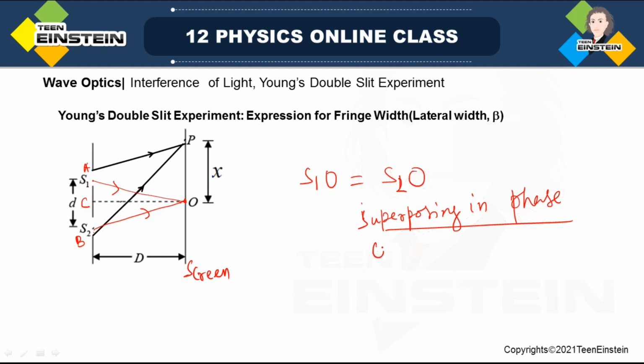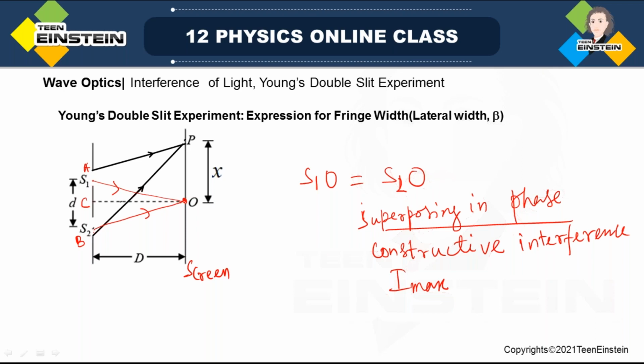So what type of interference happens? Constructive interference happens. And you might be remembering what constructive interference is. In constructive interference, the amplitude becomes maximum and hence the intensity becomes maximum.